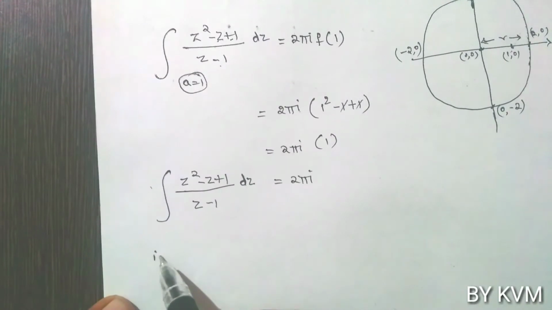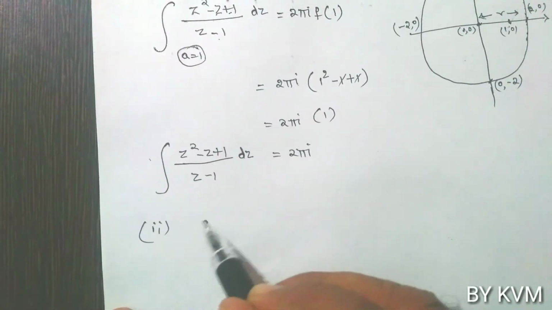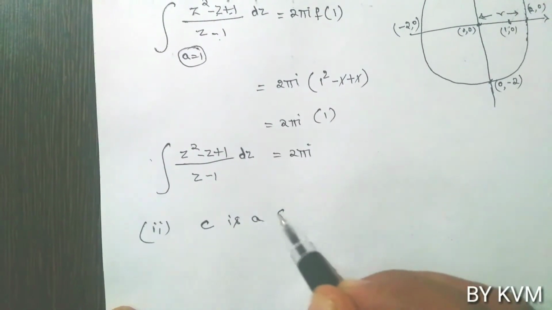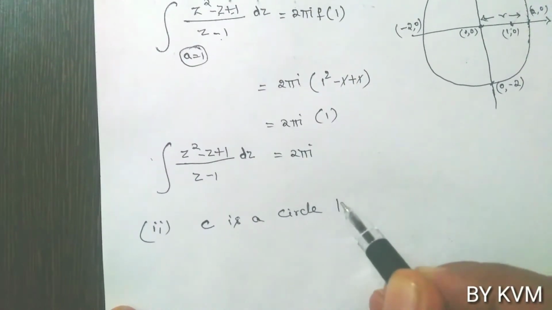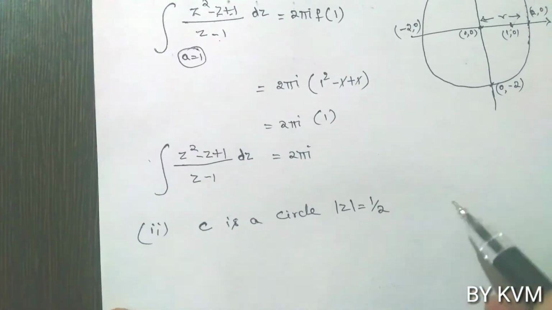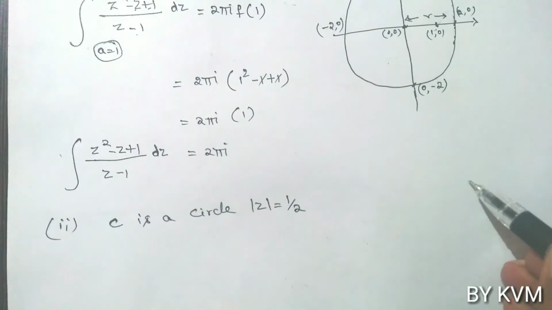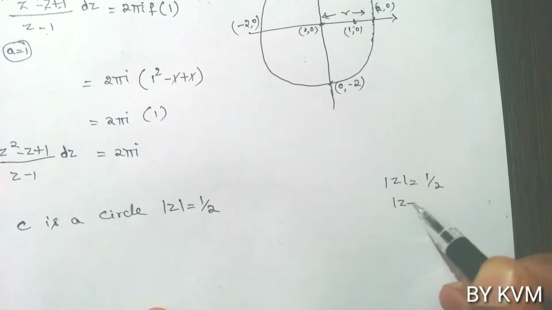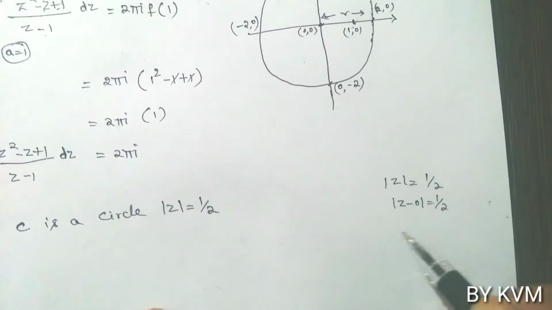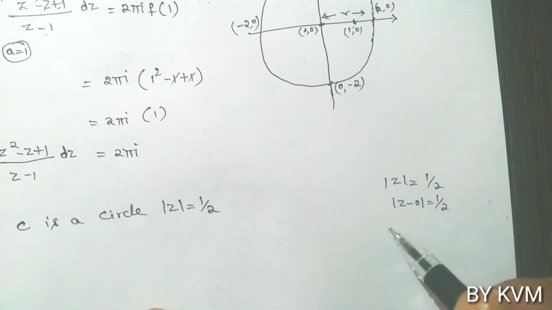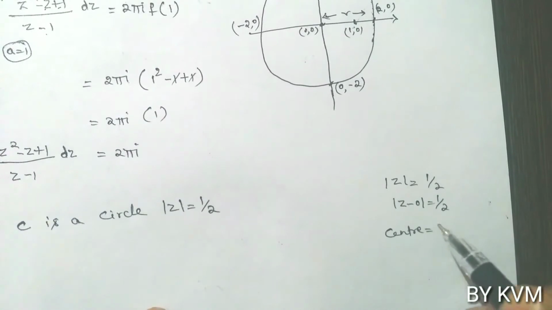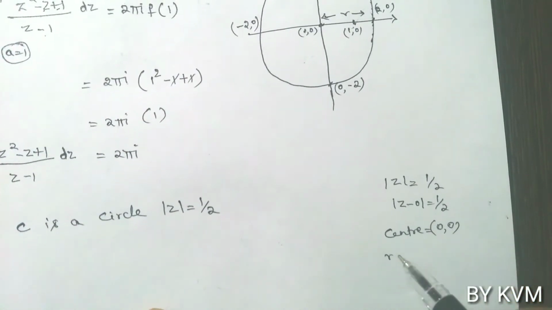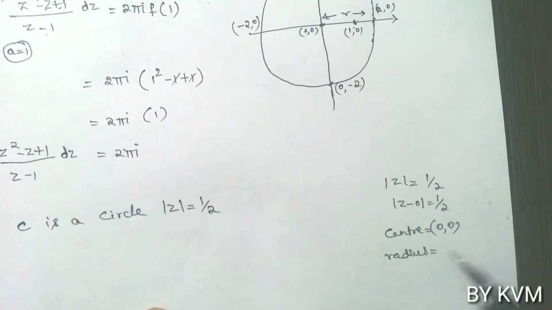Now let us see the second case. C is a circle, mod z equals 1 by 2. So mod z equals 1 by 2 means mod z minus 0 equals 1 by 2. So this also represents a circle. Center is 0 comma 0, radius 1 by 2.